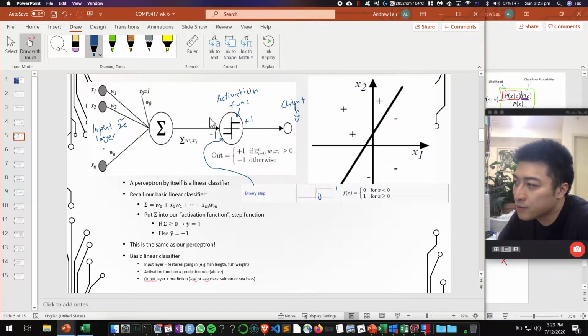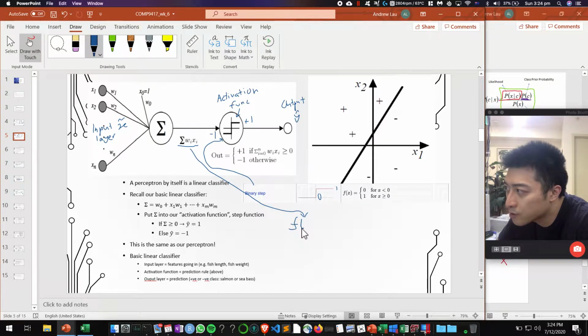In this step function, what is happening is it is taking in the input, right? That goes into this activation function here. So what's that? This is the w·x dot product, right? That goes in there, and then the output.